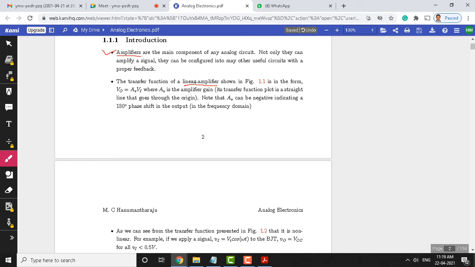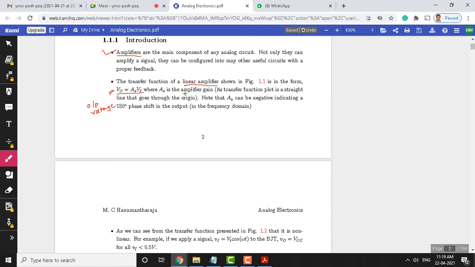But just observe the input-output function, called the transfer function of a linear amplifier: V naught is equal to AV times Vi. Here V naught is the output voltage of the linear amplifier, AV is the voltage gain, and Vi is the input signal.